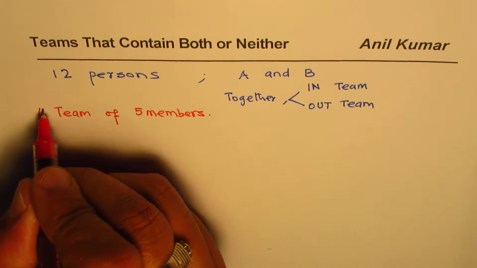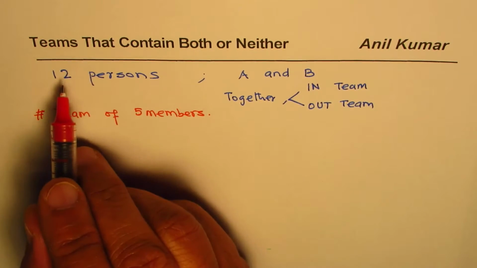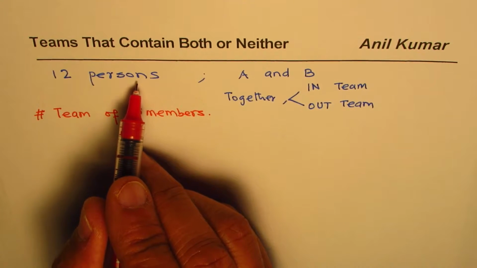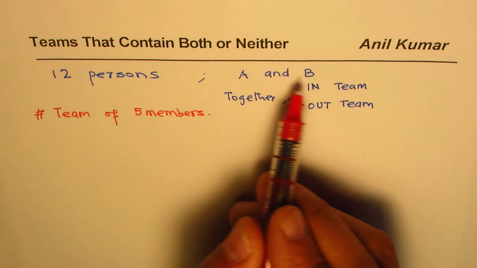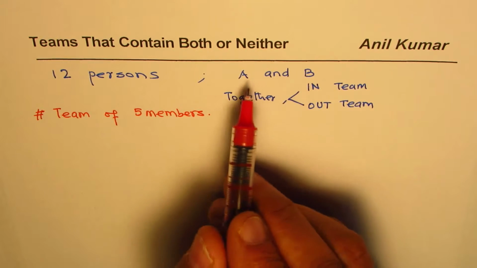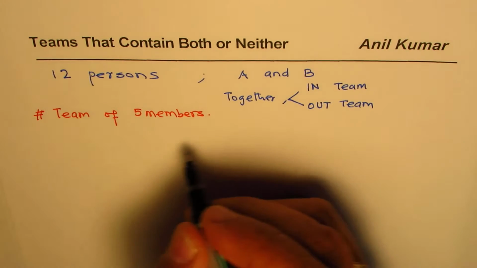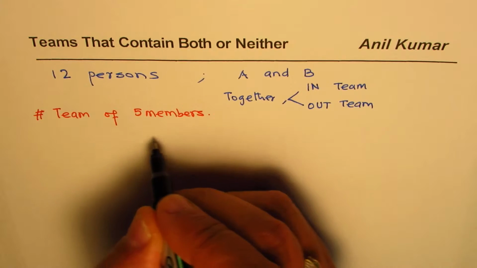The question is, how many teams of 5 members can be formed from a group of 12 persons so that these two members are together, whether they are in the team or not in the team. Do you get an idea? So let's see how many. What we can do in such cases is form 2 groups.